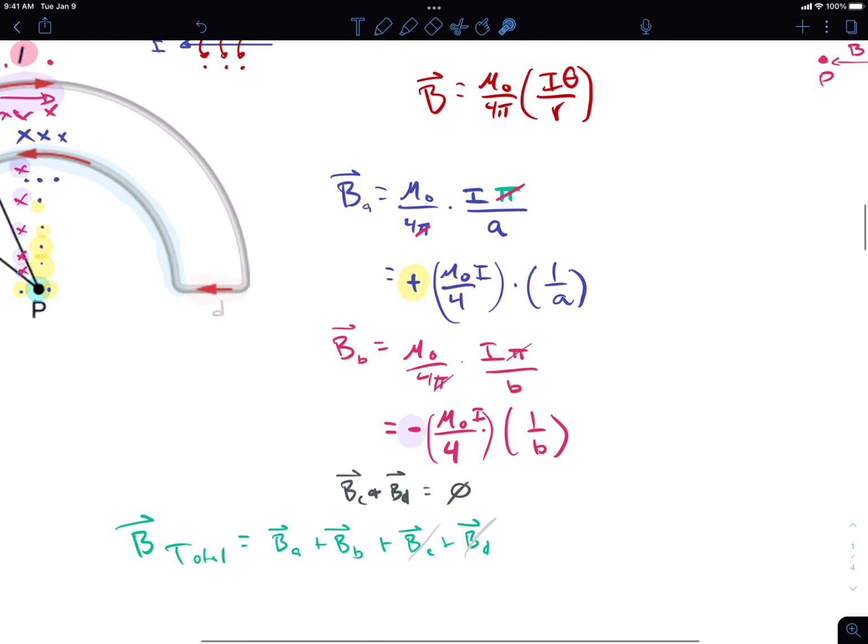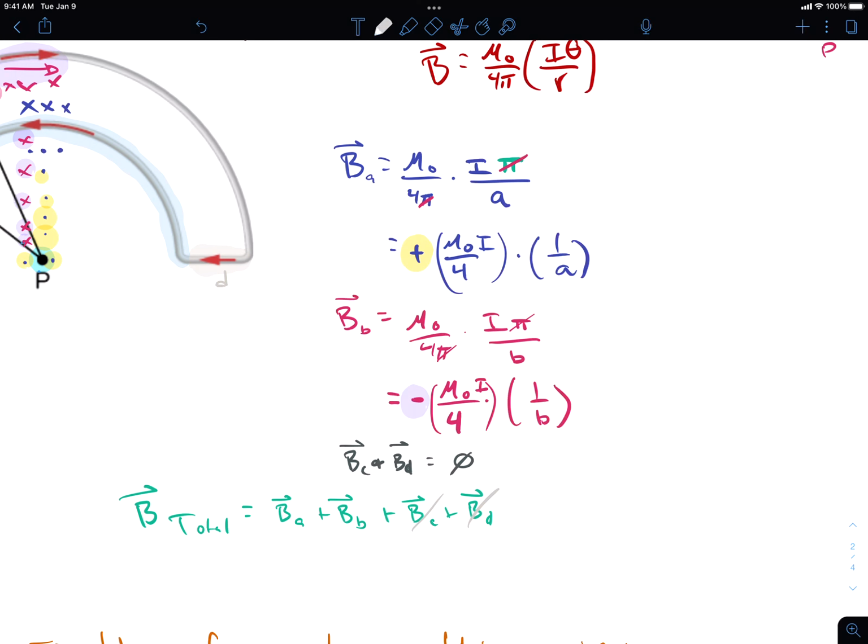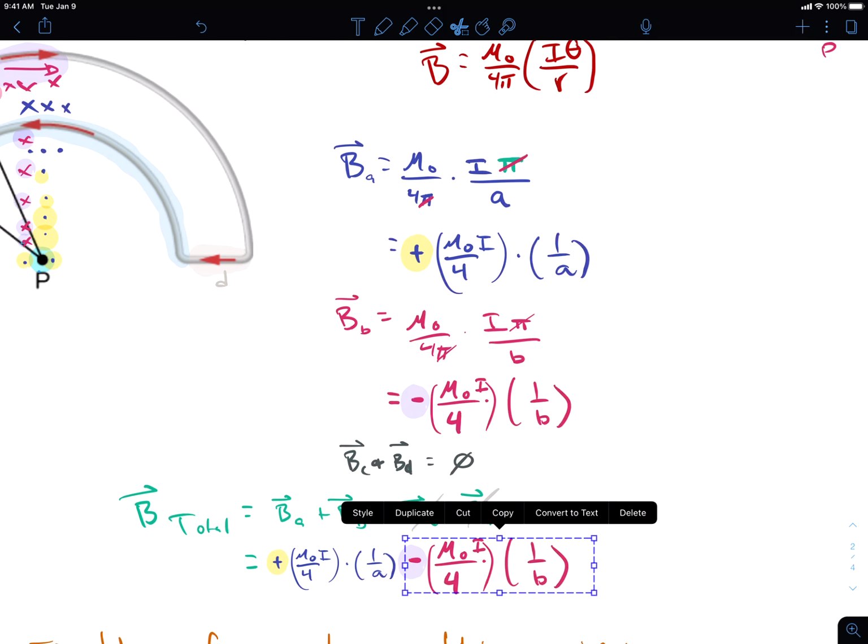Be mindful when you do this that segment BA is going to be positive, and segment BB is going to be negative.